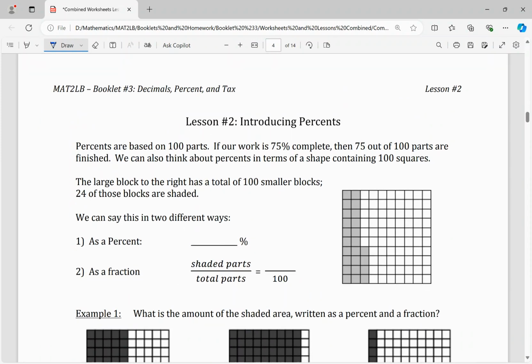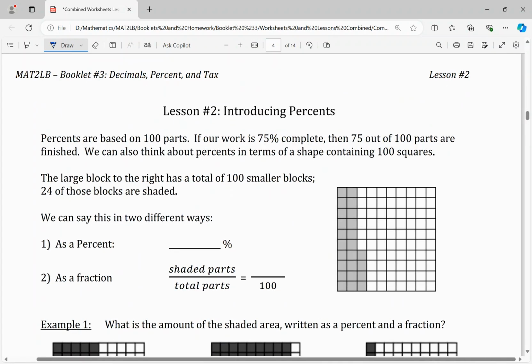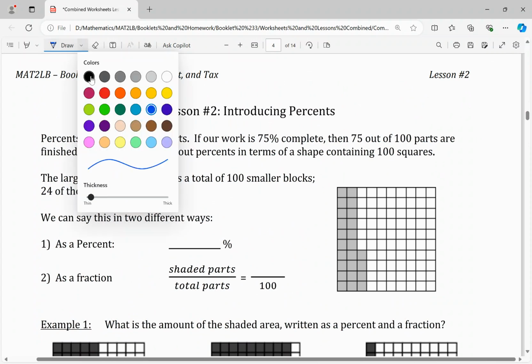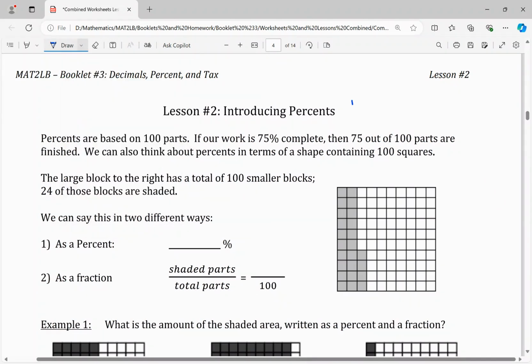Now, percentages are a fast way to describe how much of something we have. Percentages are based on 100 parts. So usually, not always, but usually, and in this lesson, your percentage is going to be a number between 0 and 100.